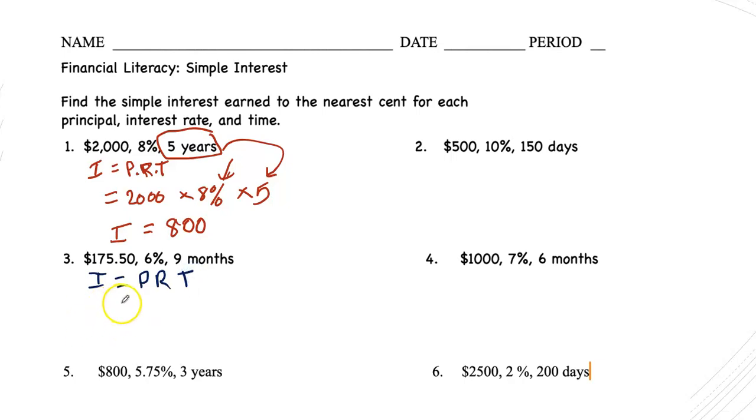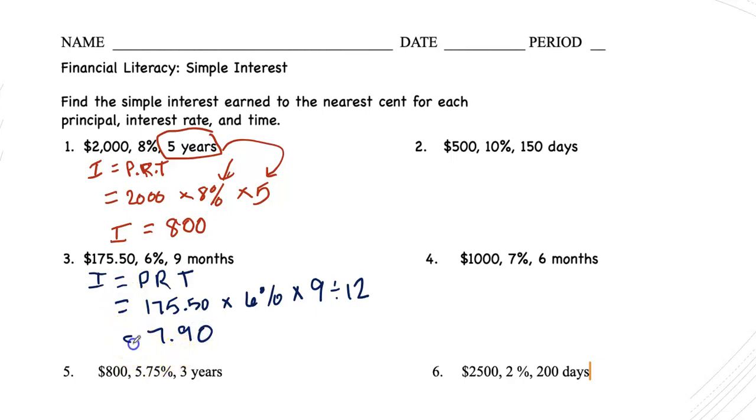So I'm going to take principal 175.50 times rate 6% times 9 months. So 9 divided by 12. If I put that in my calculator, I should get 7.90.